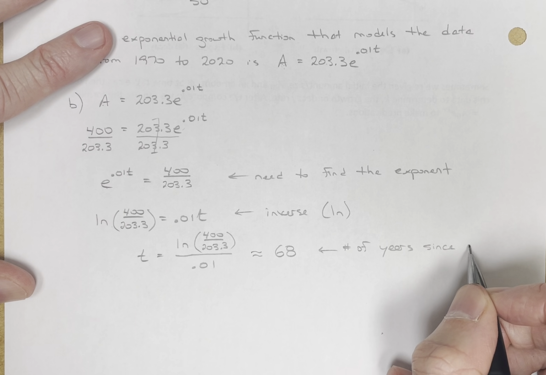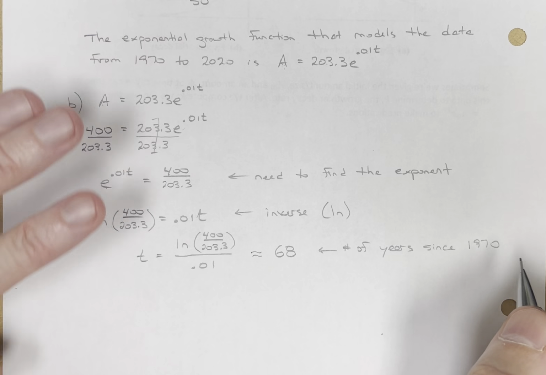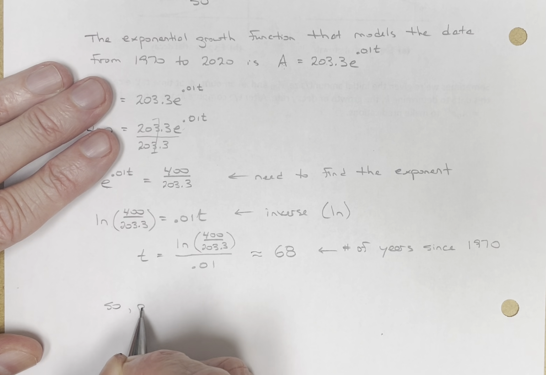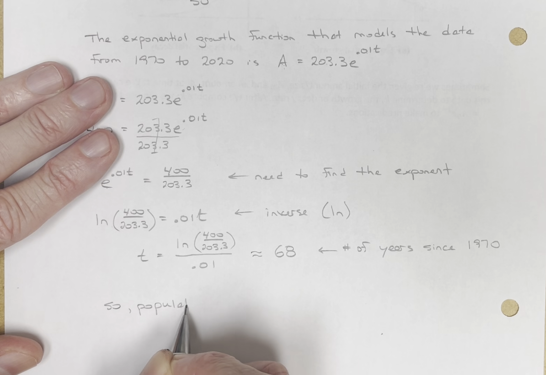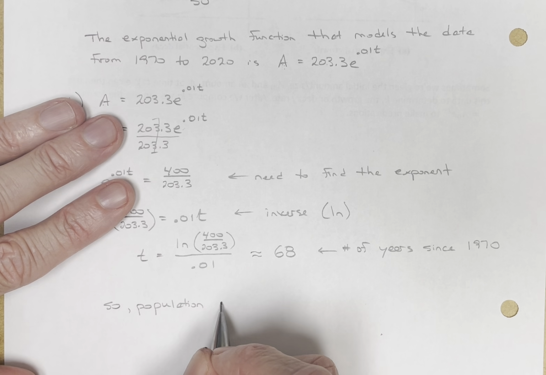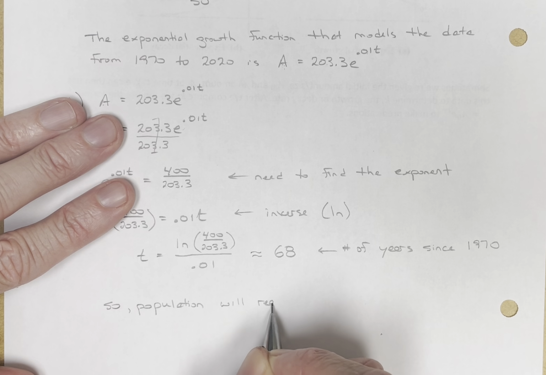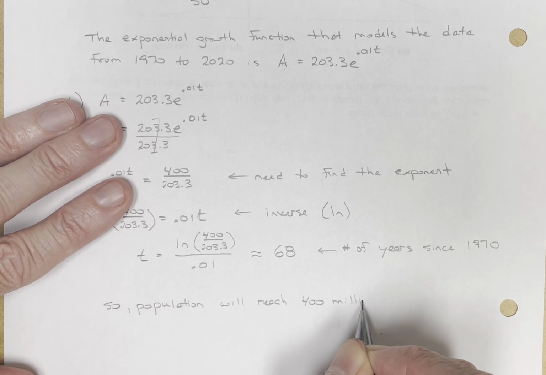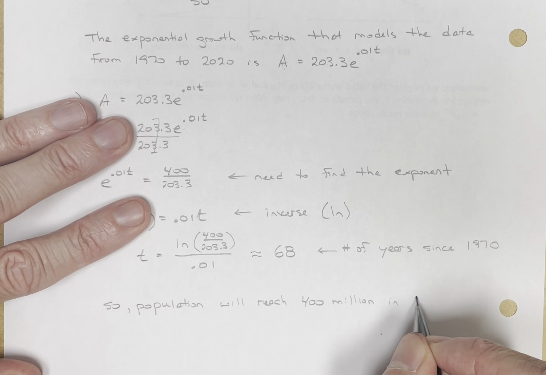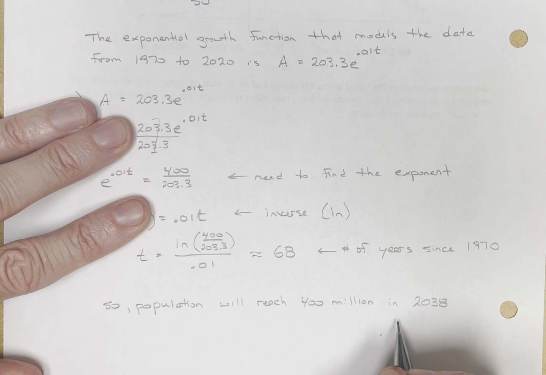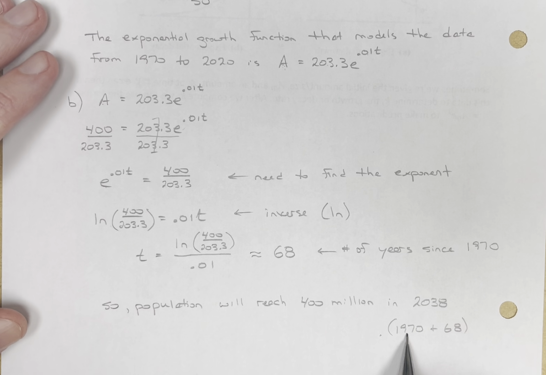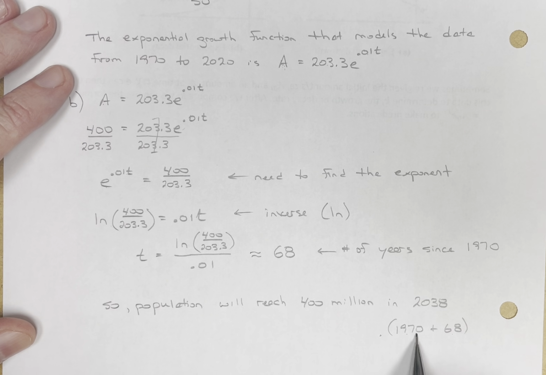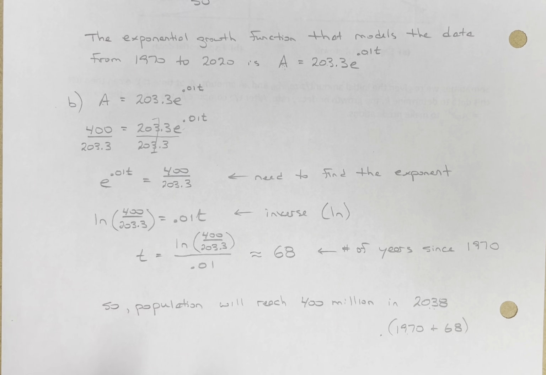So this is the number of years since 1970. Okay, so according to this model, the population will reach 400 million, that's a lot of people, in the year 2038, which of course is 1970 plus 68. Remember, 1970 was our year 0. So we need to add 68 to that 1970 to find out when we're going to reach 400 million.